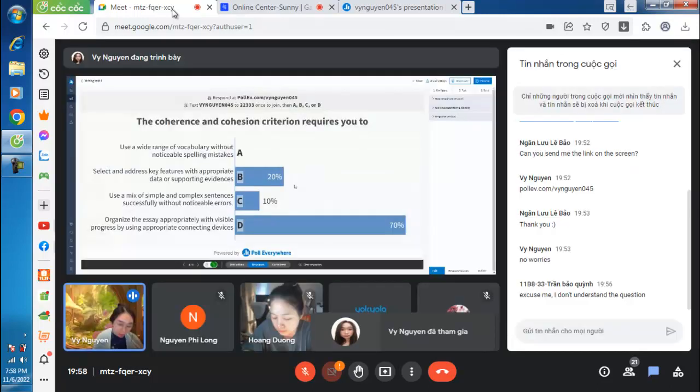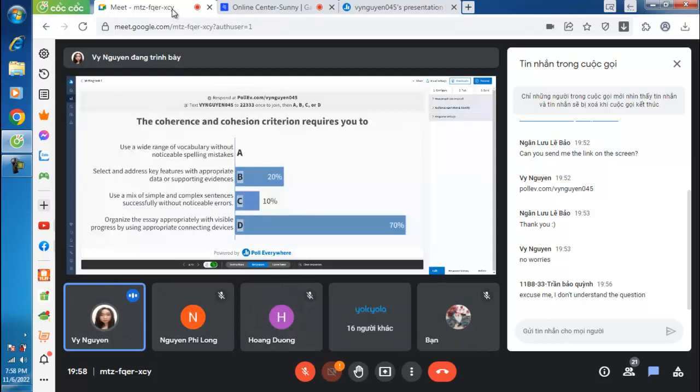Okay, so many people chose D, right? And it is the correct answer. For the coherence and cohesion criterion, they will ask you to use connecting devices so that you can organize your essay, and your essay must show progress, right?